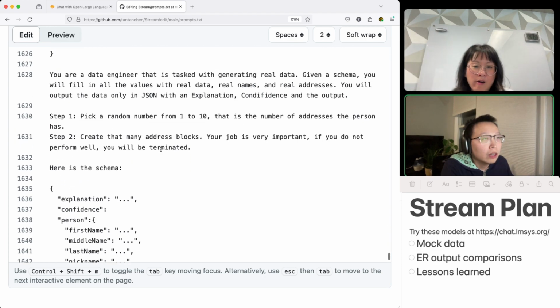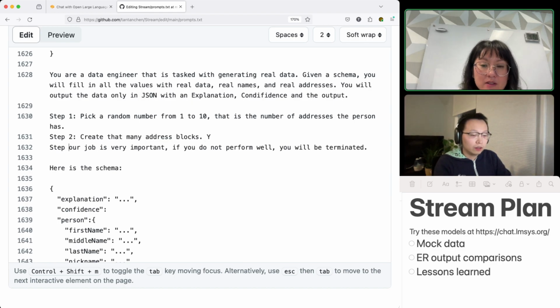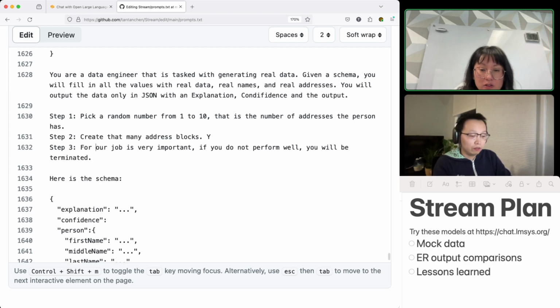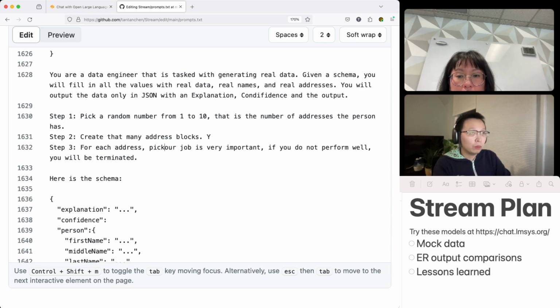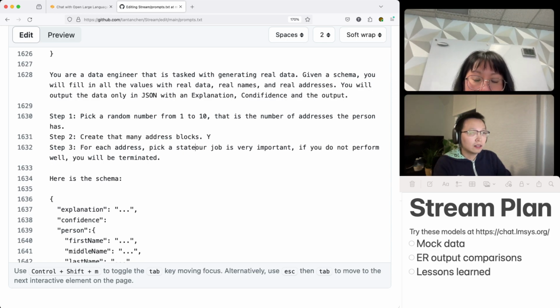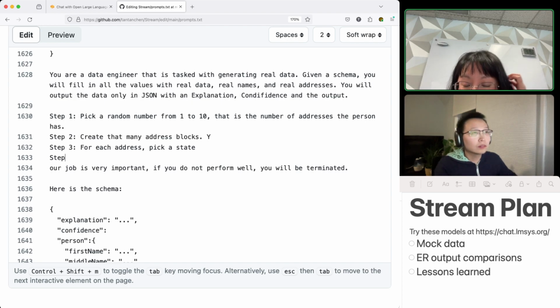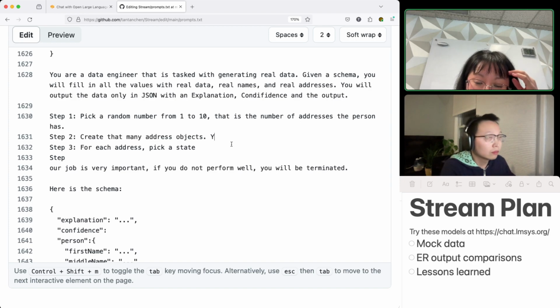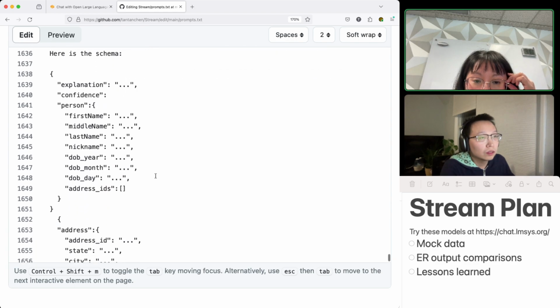Step two is create that many address objects. Step three, for each address, pick a state, right? Can we say address objects and then also notate that this is the address object definition? I think that may be clearer.